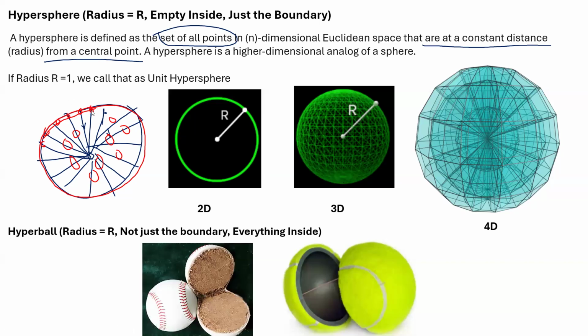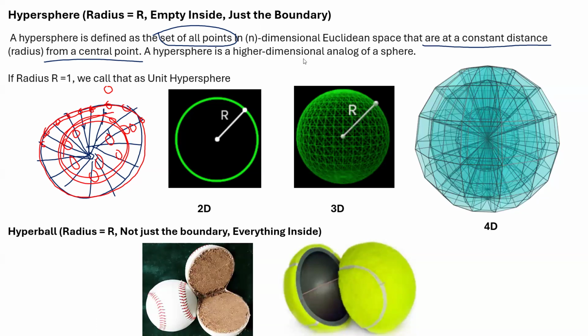So by now you should be able to understand that only these points which are at equal distance from the center will form a sphere. Any point which is beyond R or less than R will not be part of the sphere. A sphere is defined as the set of all points in Euclidean space that are at constant distance from the central point. That constant distance is called the radius.